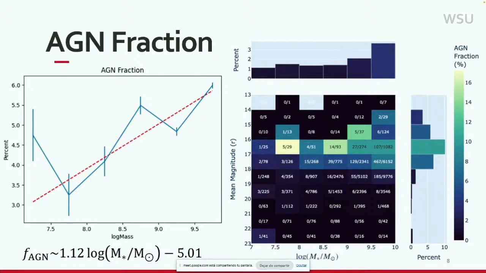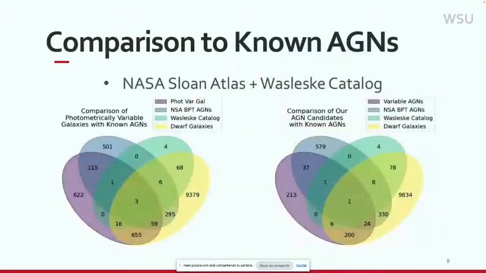We have a slope of about 1.1 and an intercept of about -5. So this could indicate one of the particular pathways that we mentioned earlier. I would say direct collapse or, let's see, gravitational runaway, I believe. But again, these are not very sturdy. I don't know if I would trust this AGN fraction slope per se. Next slide.